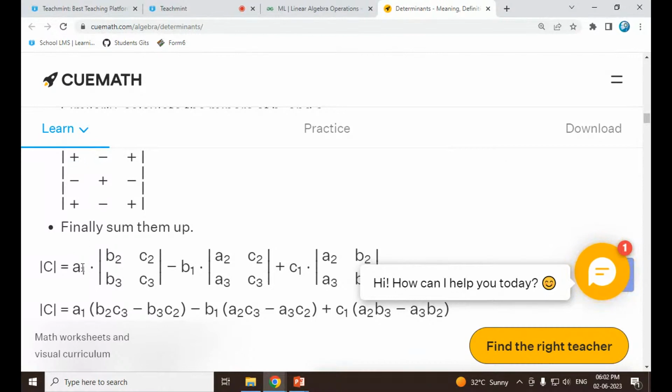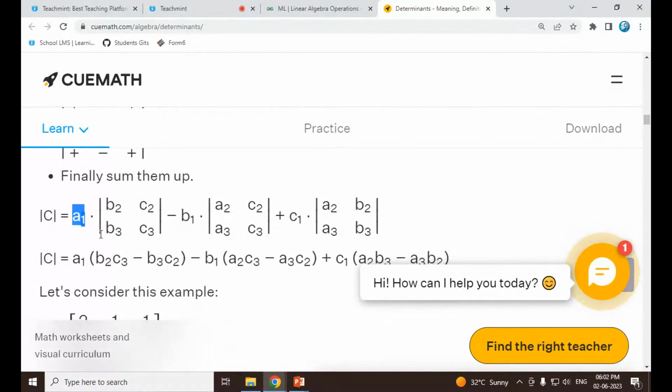For example, we have A1 here, B2 here, C2 here, B3 here, and C3 here. If you have a 3 cross 3 matrix, you do it like this. One element is ready to multiply, and another needs to be evaluated: B2 into C3 minus C2 into B3, with the same calculation.